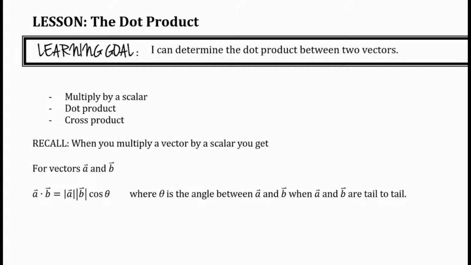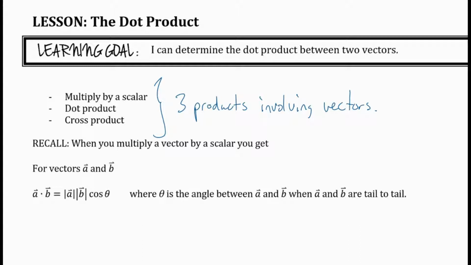So the first thing I just want to point out is there are actually 3 different products involving vectors. Okay, so we've already seen multiply by a scalar. Today we're looking at the dot product, and in a couple of days we're going to look at the cross product. The dot product and cross product are very different.